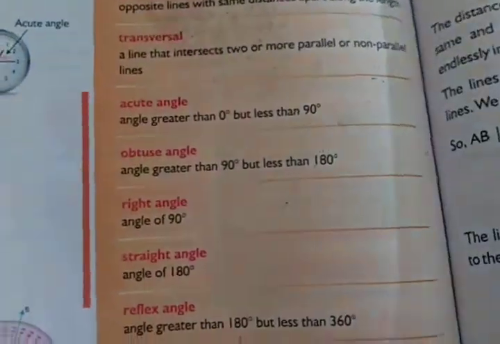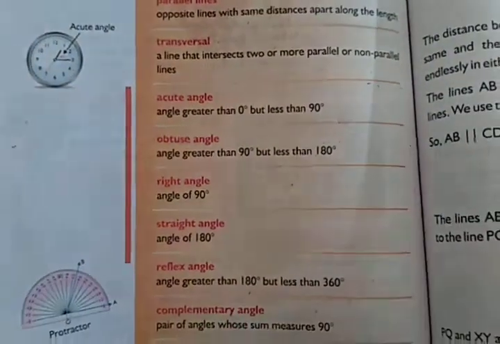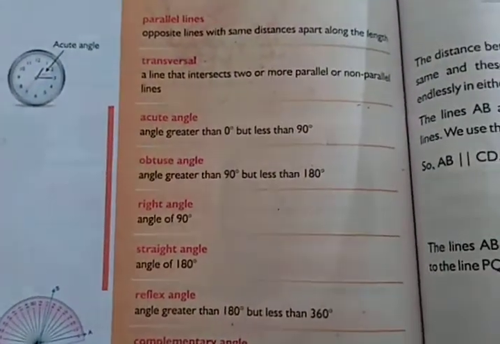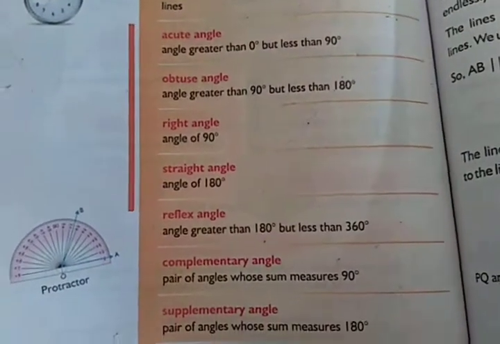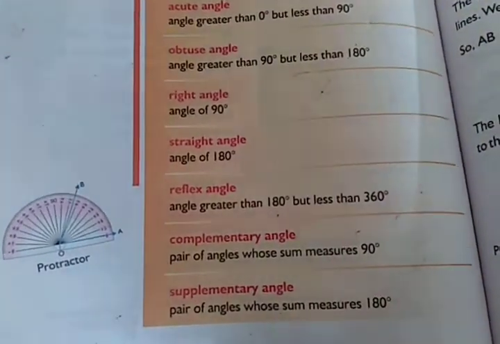Try to learn these new words: parallel lines, transversal, acute angle, obtuse angle, right angle, straight angle, reflex angle, complementary angle, supplementary angle.